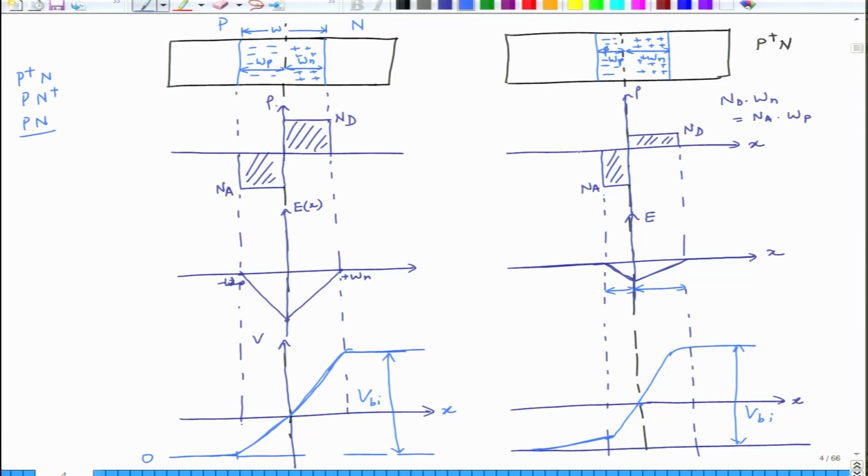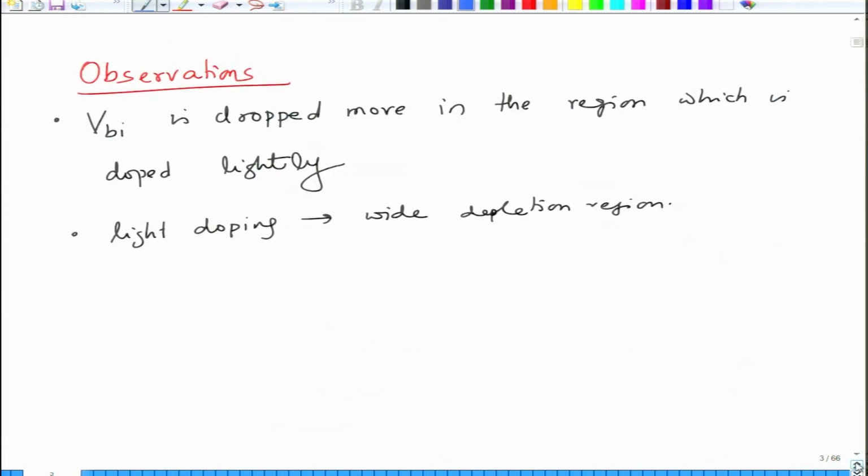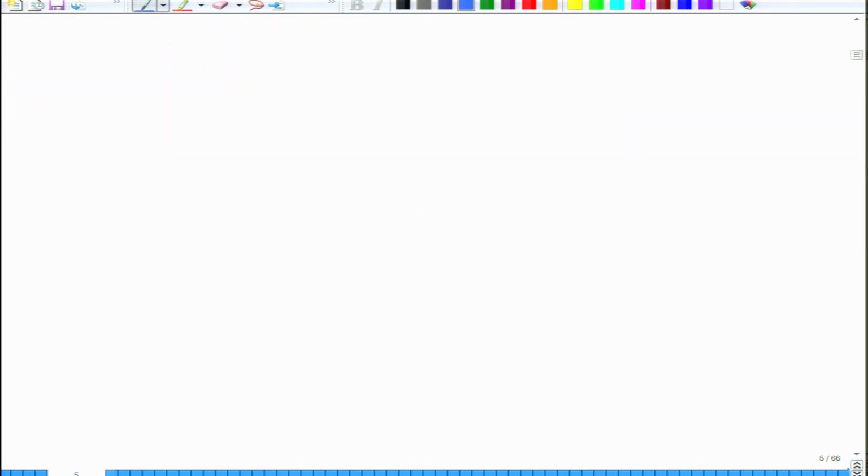So you have a larger gradient in the electric field as compared to the region where you have a smaller charge density over a long distance, and correspondingly you have variation in the potential. So this is how the variation of potential and electric field is going to happen.